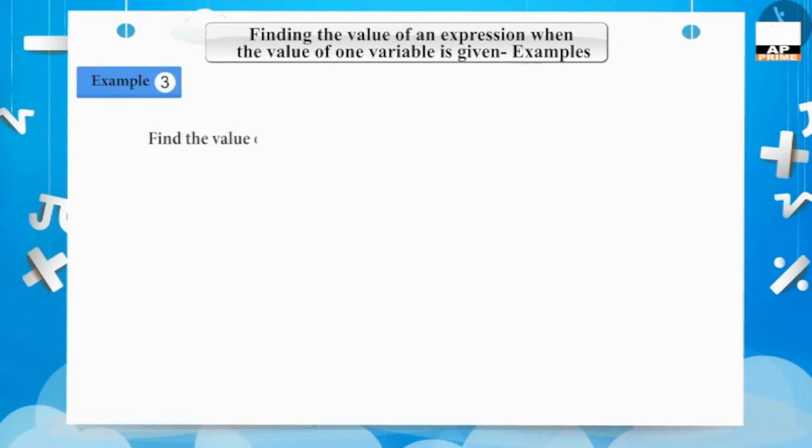Example 3. In the given expression, the value of x is 3. Find the value of the expression x cube plus 2x square plus 5. Substituting x is equal to 3 in the expression, we get 3 cube plus 2 times 3 square plus 5.